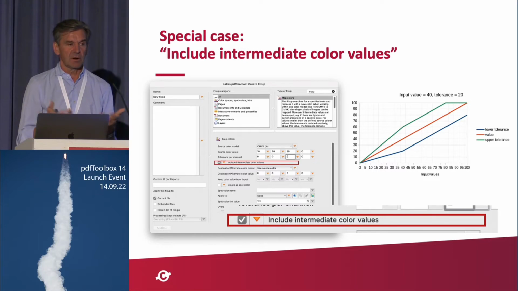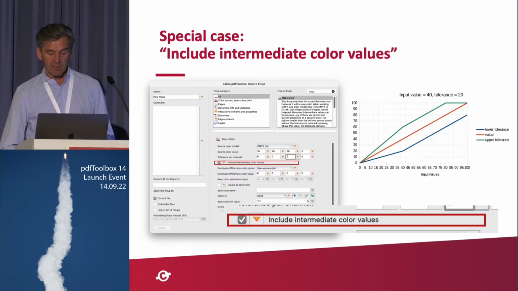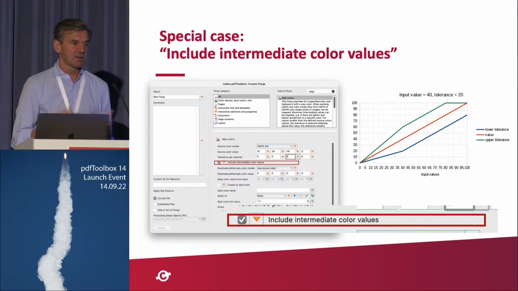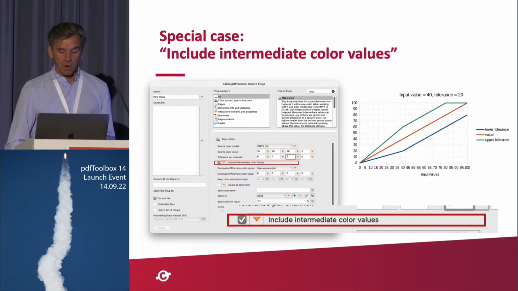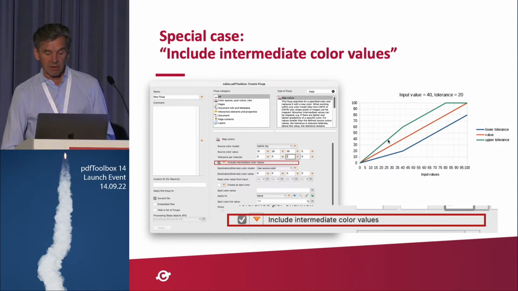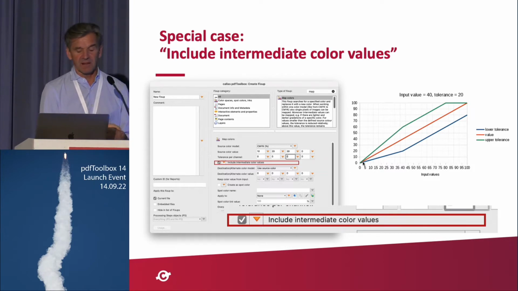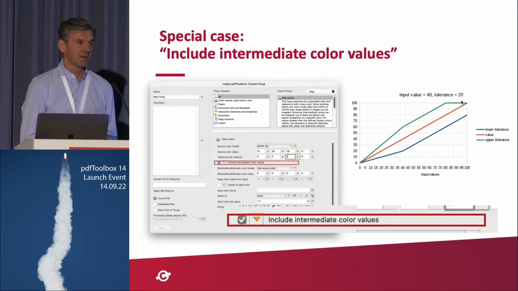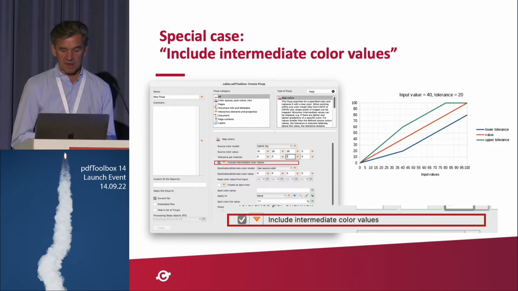Is the tolerance always the same all over that line, or does it change? The diagram here explains it very well. The tolerance is reduced towards the lighter values, and is kept the same towards 100%. I hope that becomes clear.